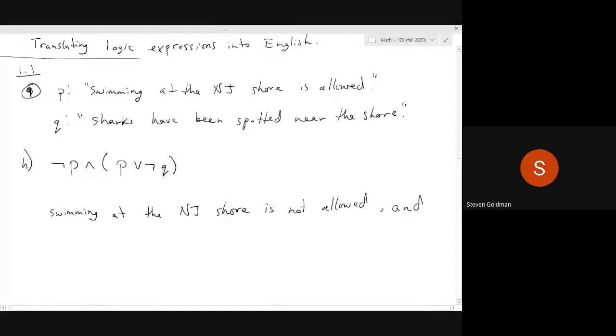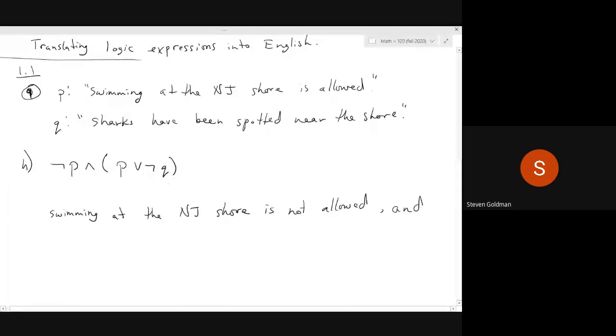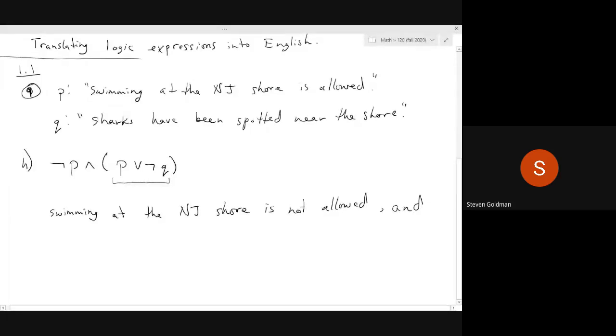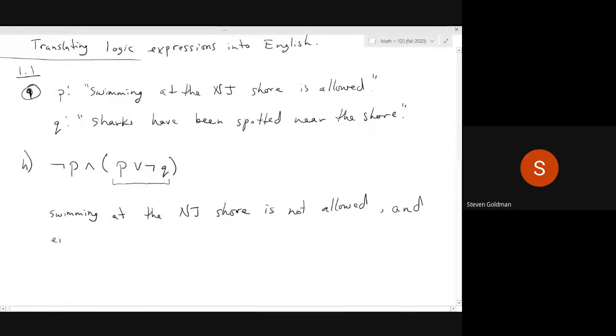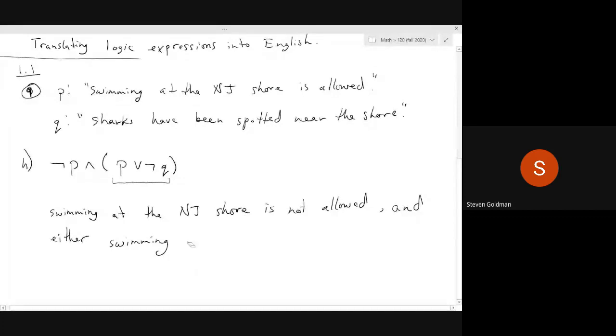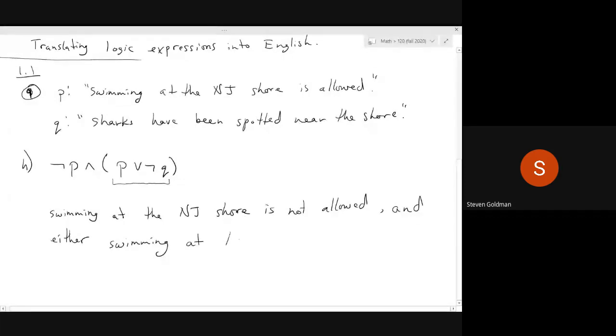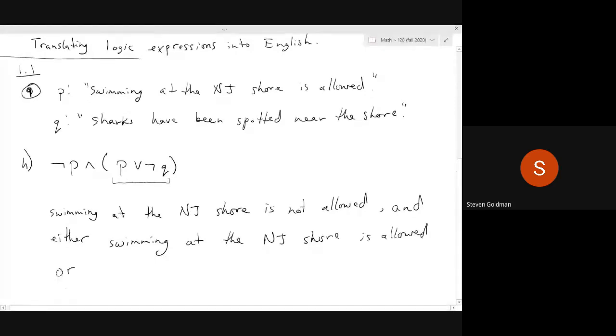Grammatically, the comma should be before the and. Swimming at the New Jersey shore is not allowed, comma, and now we have a disjunction here inside the parentheses, P or not Q. So I'm going to write that as either swimming at the New Jersey shore is allowed, or sharks have not been spotted near the shore.